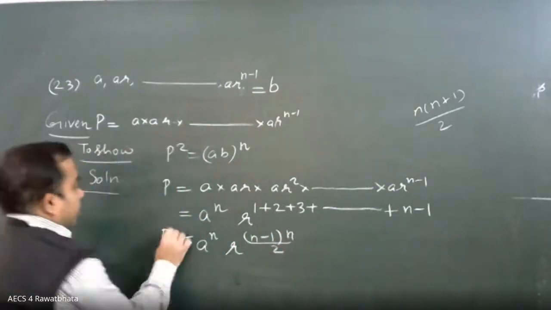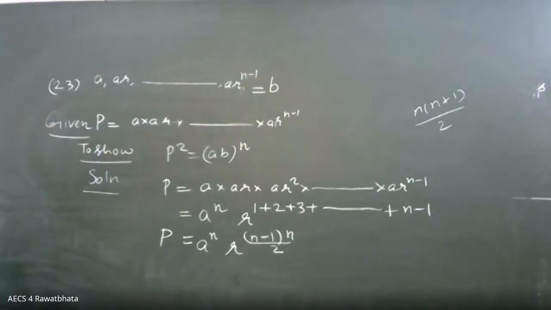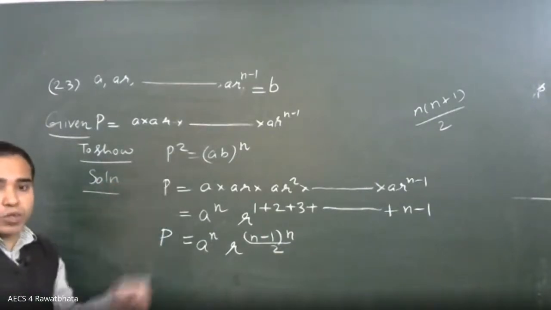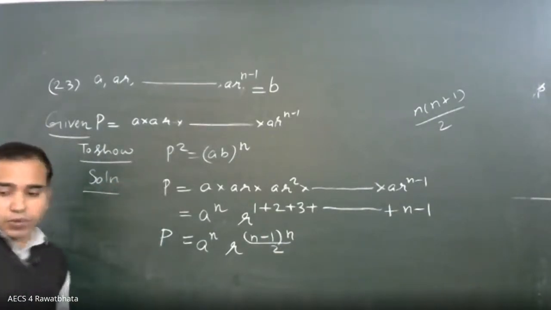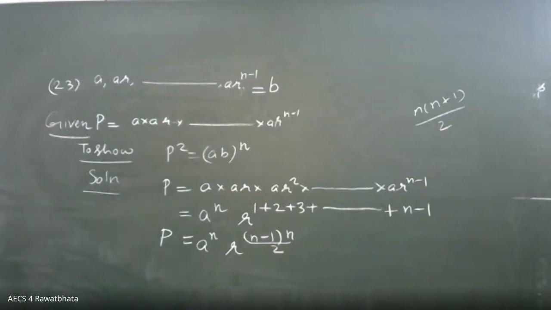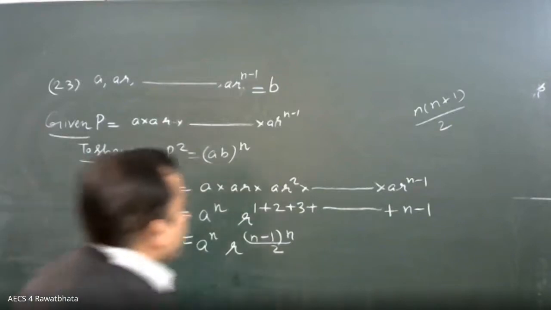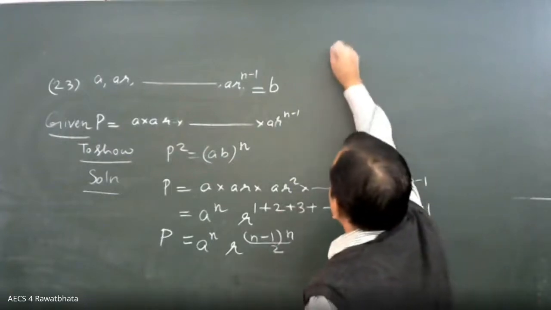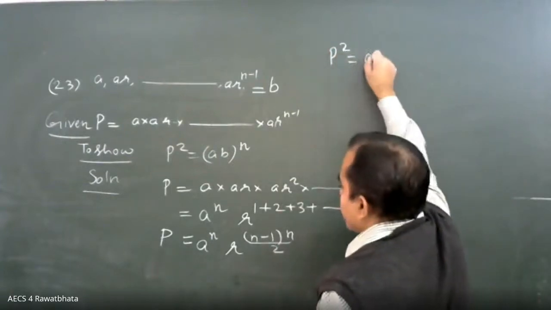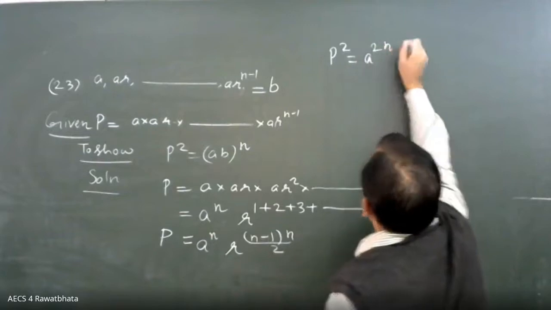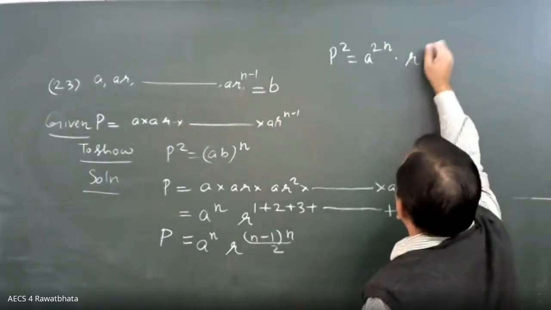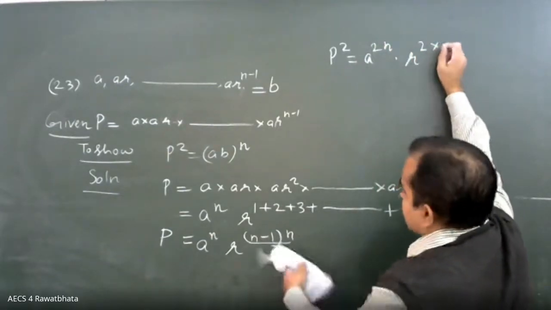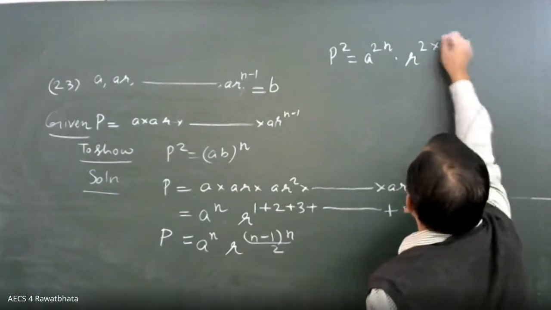This is P. Because we have to bring P square, let us square both the sides. It will become P square equal to A raised to power 2n into R raised to power 2 into n minus 1 into n whole by 2.